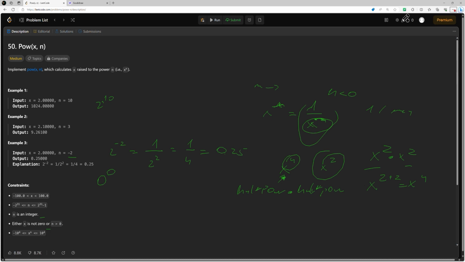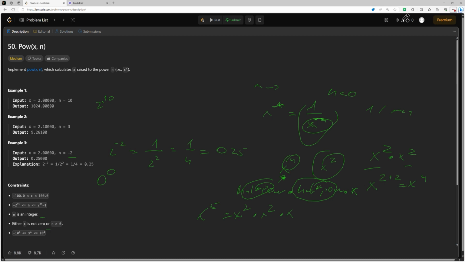And this works for the powers that are even, but for the odd powers, for example, x to the power of 5 would be x squared times x squared times x. So we can use the half power times half power times the base for the odd numbers.